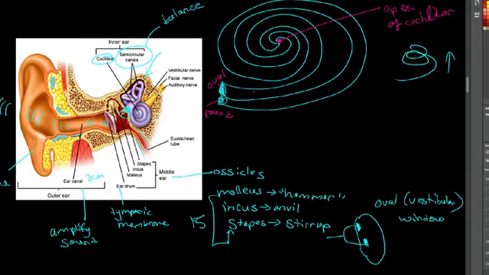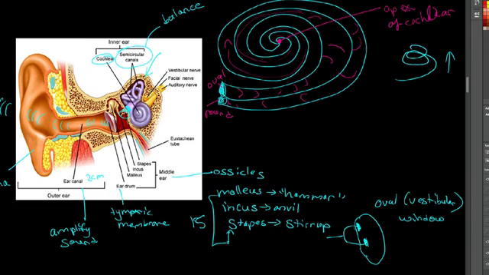When the oval window vibrates, it causes vibrations in the fluid in the cochlear. These vibrate all the way up to the apex and then back down this way to the round window. All right, so you've basically got this semicircle or this spiral of vibrating fluid.